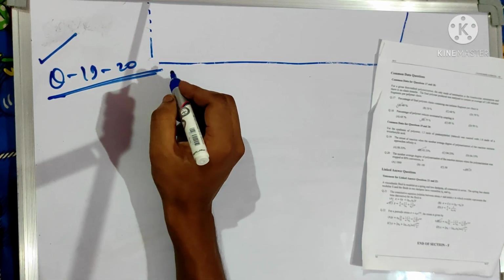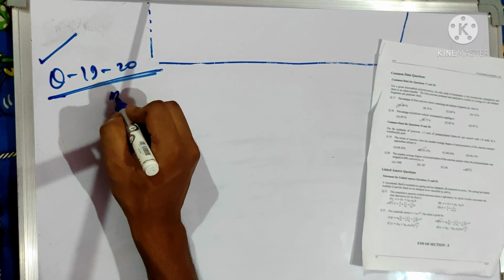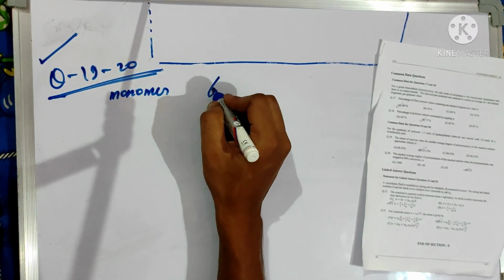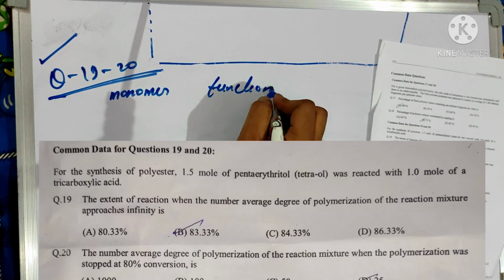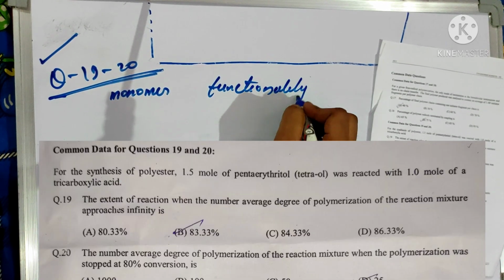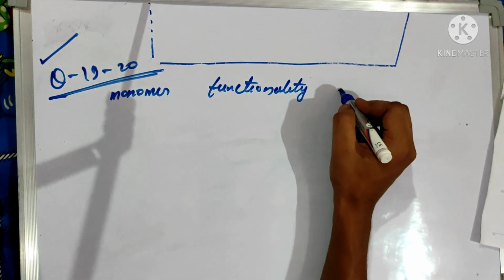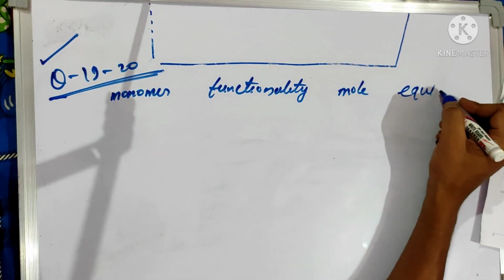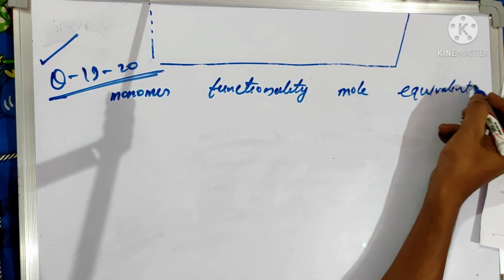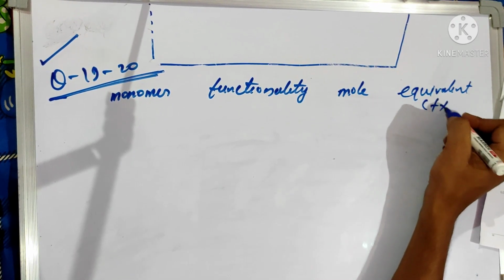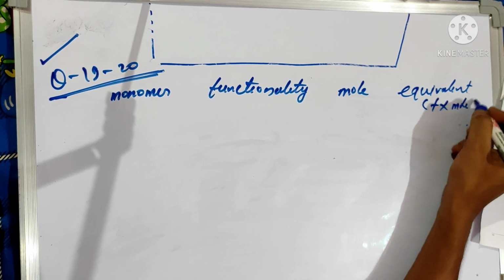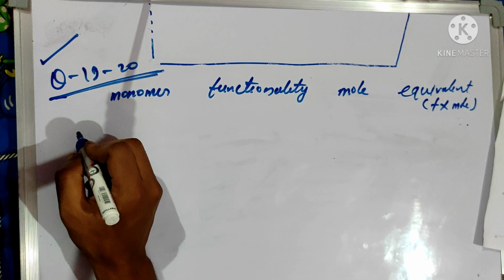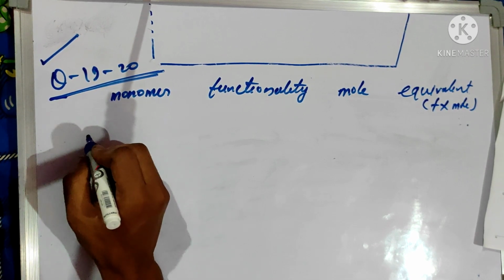The table given has the monomer, their functionality, mole, and equivalent, which is functionality times mole. First monomer is pentaerythritol.